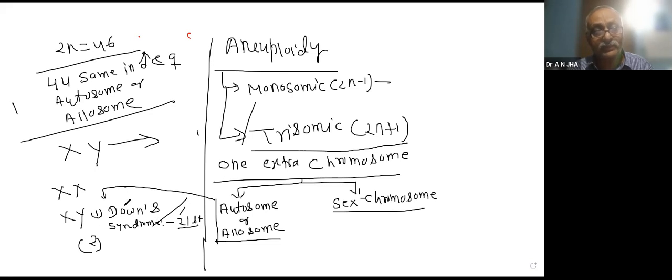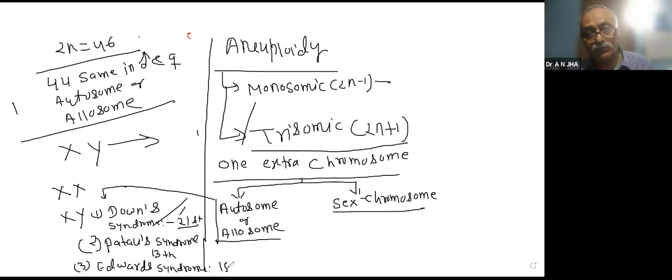Second is Patau syndrome, which you may not get in the 12th class syllabus. In Patau syndrome, the 13th chromosome is extra, and third is Edwards syndrome, in which the 18th chromosome is extra.